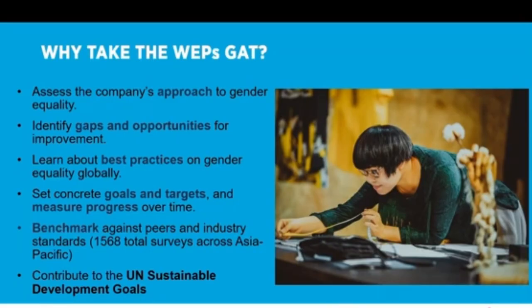So it's also the best global repository we have right now for where companies stand aligned to the WEPs, enables us to really benchmark and see how companies are doing. It also contributes to the Sustainable Development Goals and helps companies to ultimately meet many of those objectives on gender equality that are aligned to the SDGs.